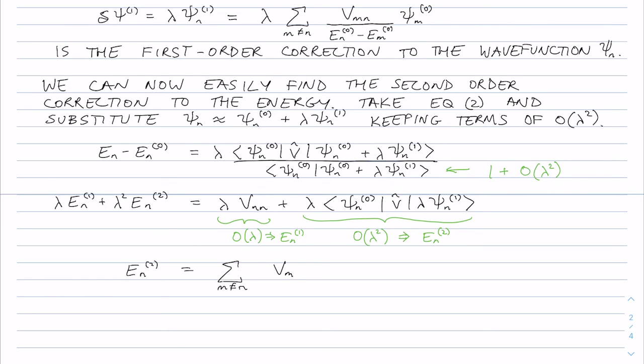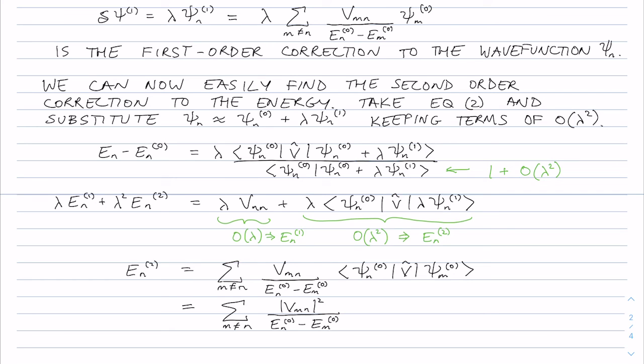It's Vmn over En naught minus Em naught, psi n naught V psi m naught, or Vmn squared over En naught minus Em naught. And so that's the second order correction to the energy.